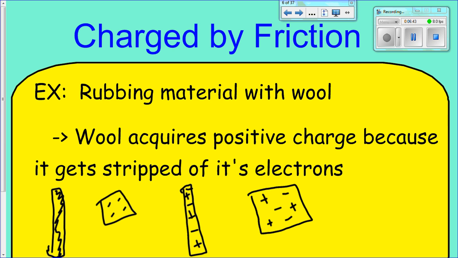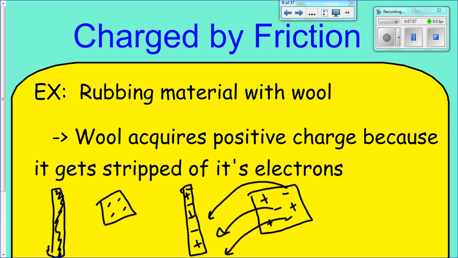Now, when you take that wool and you rub it against the rubber rod, so you're creating friction there, what happens is the wool is going to acquire a positive charge because it gets stripped of its electrons. So these electrons that are right here, when you rub them against the rod, they get transferred over here to the rod.